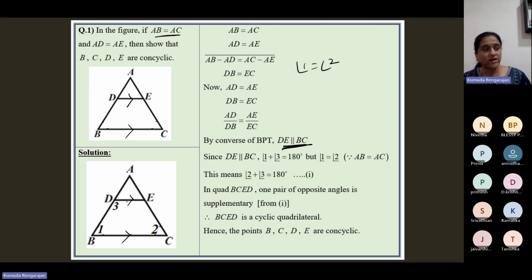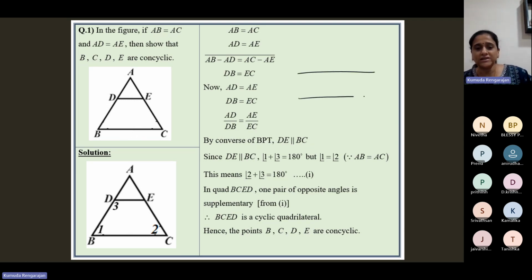So now, how are we using that information? Angle 1 plus angle 3 is equal to 180. Why? Because co-interior angles are supplementary. See, parallel lines, transversal. These two angles are co-interior angles, and they're supplementary. So from parallel lines, we have angle 1 plus angle 3 is equal to 180.